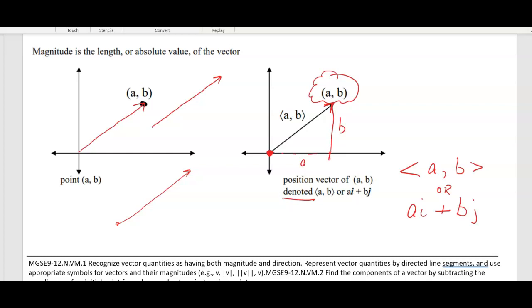A to the left, up, B. So your i tells you units left and right. Your j tells you units up and down. So for example, if this is 3, then this vector right here is actually vector i. So when I write 3i, that actually means a vector that goes there, 3 times as long as i. And then j is the vector that points straight up 1 unit. Okay?